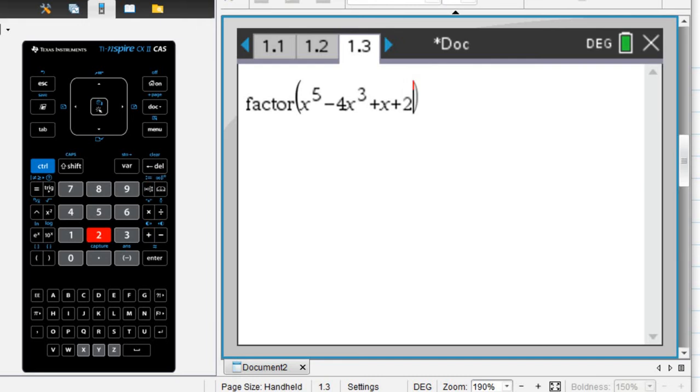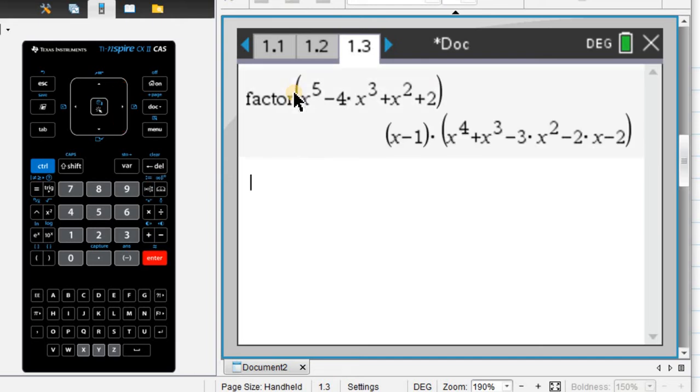Let me just double check it. Okay, so I typed it in, I double checked it, I hit enter, and it gives me this. So this is kind of bananas.